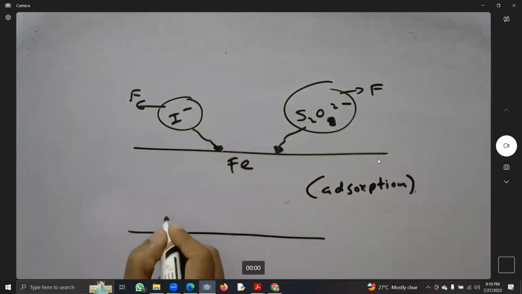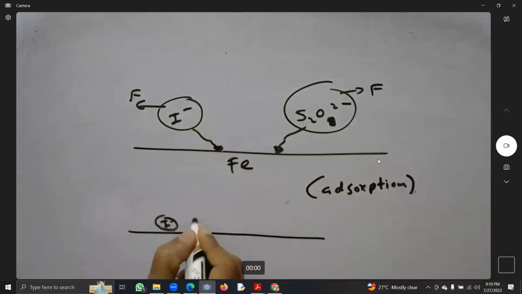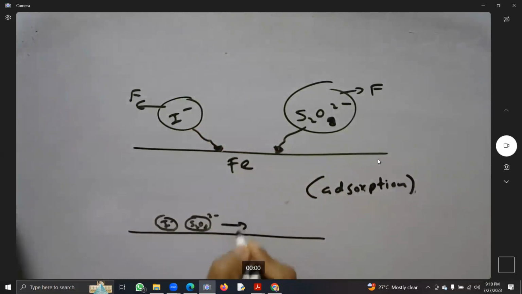Now when they adsorb, it will pull them together. They can react, S2O8 and I minus. Now they will form the product on the surface of the catalyst. So in this case, what are the products?